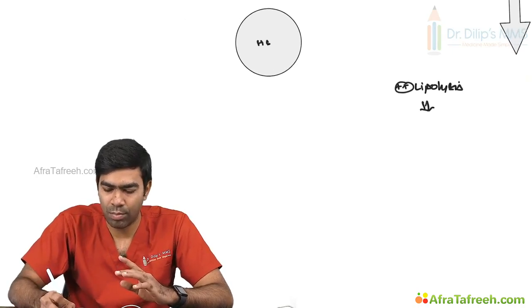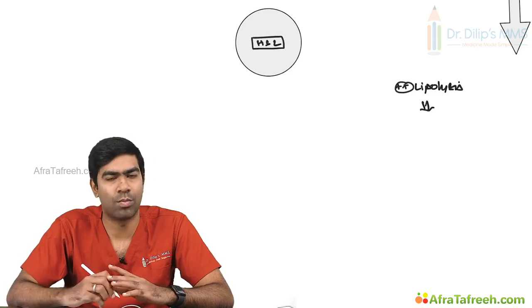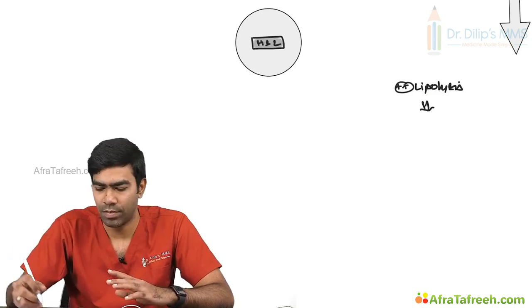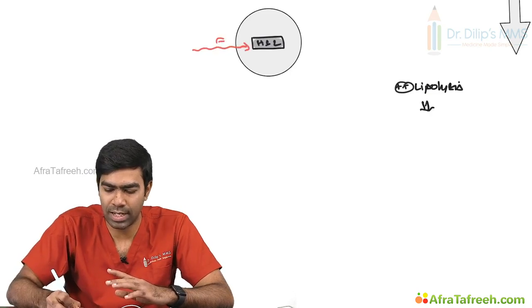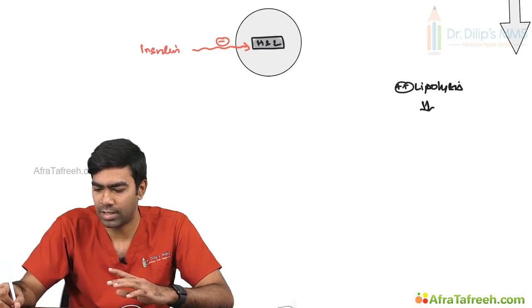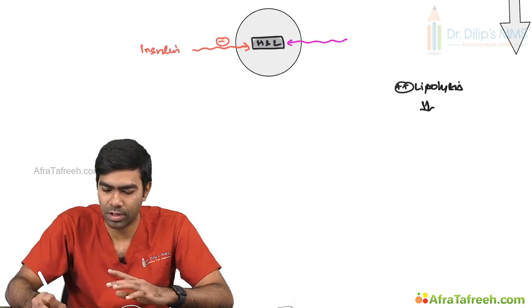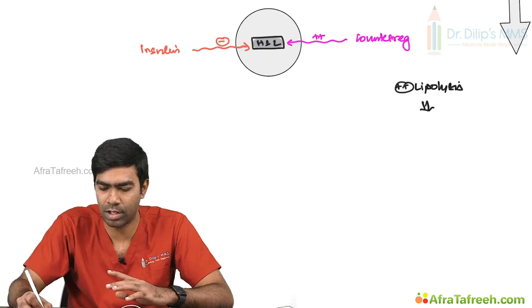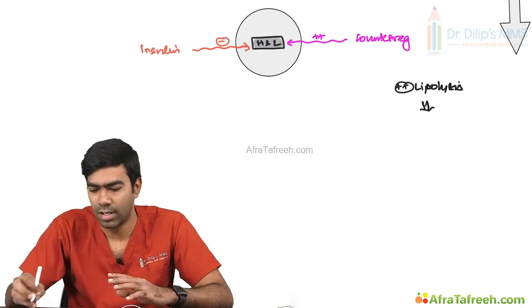We have a very important catabolic enzyme within the adipocyte called hormone-sensitive lipase. We know this hormone-sensitive lipase is inhibited by insulin, and it is activated by the counter-regulatory hormones like glucagon and catecholamines. Catecholamines are very important in this regard.